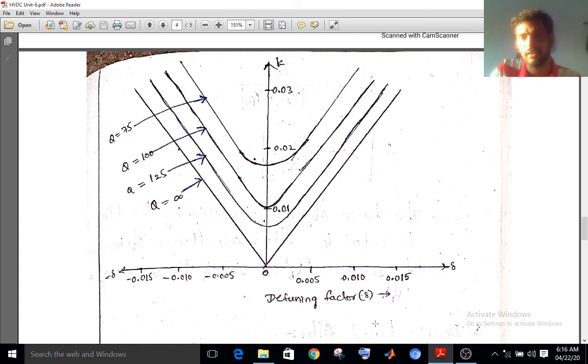If I draw the graph between this detuning factor and k, if my quality factor Q is infinite, then the graph will be like this. See, at delta equal to 0, k is 0 if the quality factor is infinity. As the quality factor decreases, there will be some k value. You can observe here.